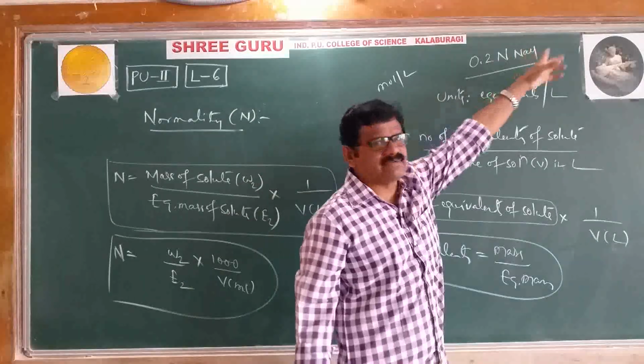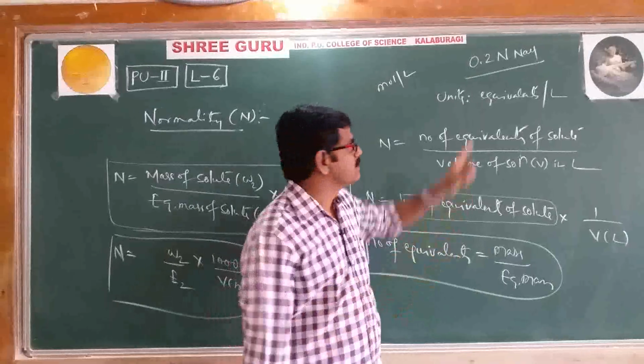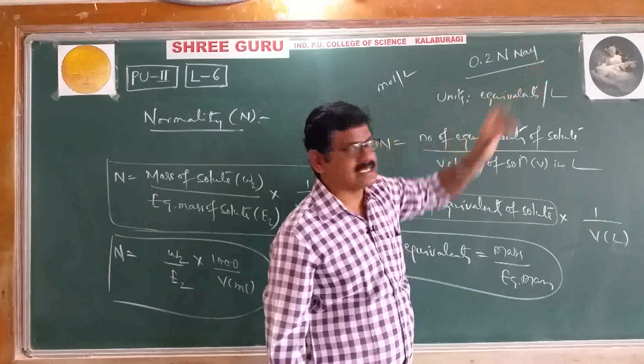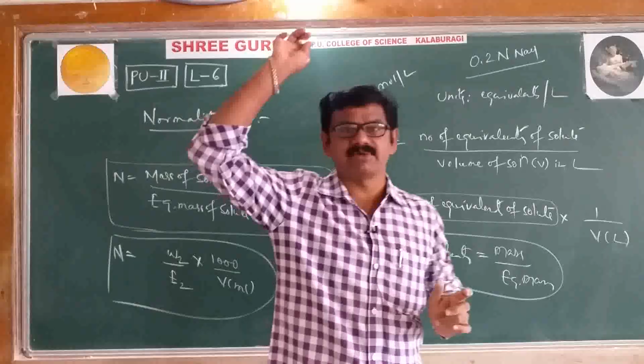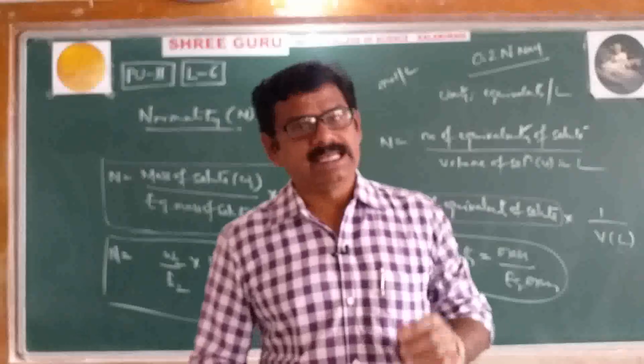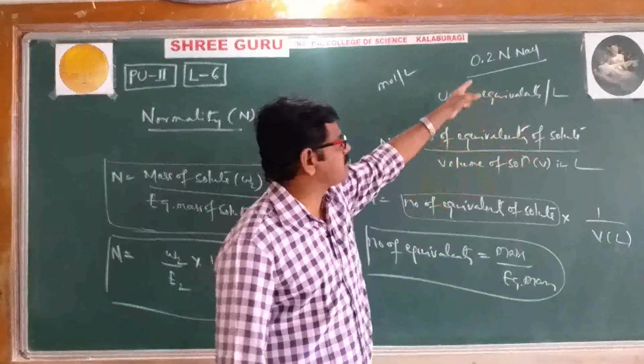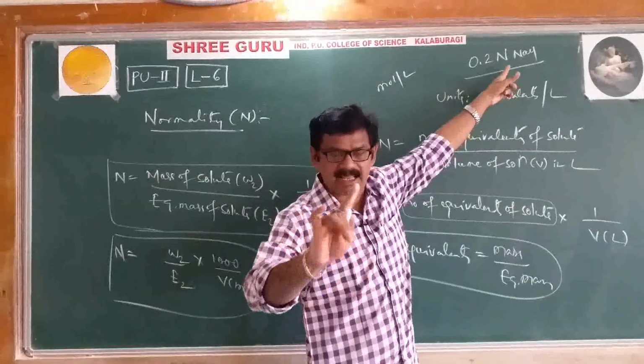0.2 normality of NaCl, or 0.2 normal of NaCl. In case of molarity we have taken molar. In case of molality we have taken molal. In case of normality we are using normal.